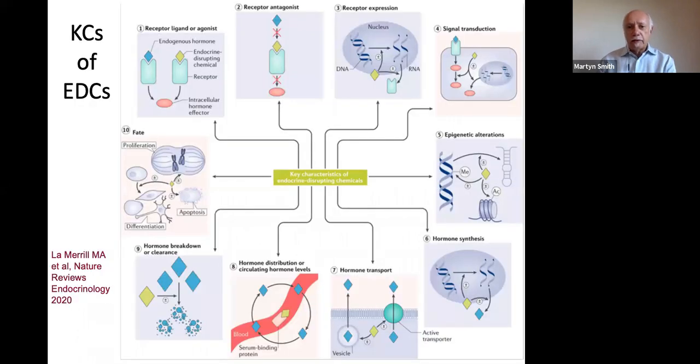These are the key characteristics of endocrine disrupting chemicals as drawn by the artists at Nature Reviews Endocrinology. And not having a list of endocrine disrupting chemicals that everybody could immediately agree upon and rely upon, much of this was based on the mechanisms of hormone action and our knowledge of hormone action and how chemicals work to disrupt or alter this hormone action.